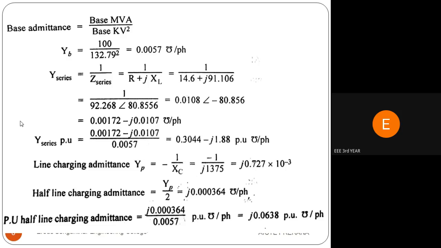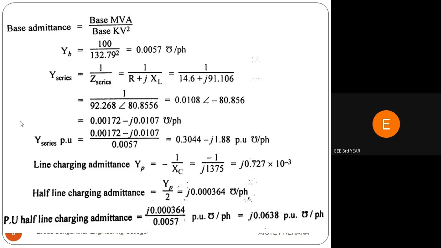That's the next, Y series. Consider the series admittance. We know the formula: admittance is nothing but the reciprocal of impedance. So Y is equal to 1 by Z, so Y series is equal to 1 by Z series. Impedance is resistance plus reactance, so here we write R plus j XL for inductance.